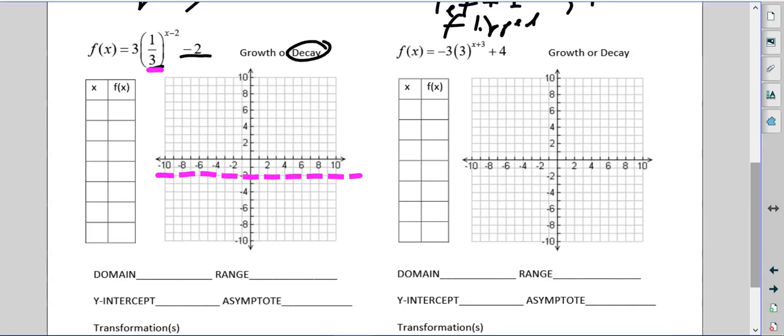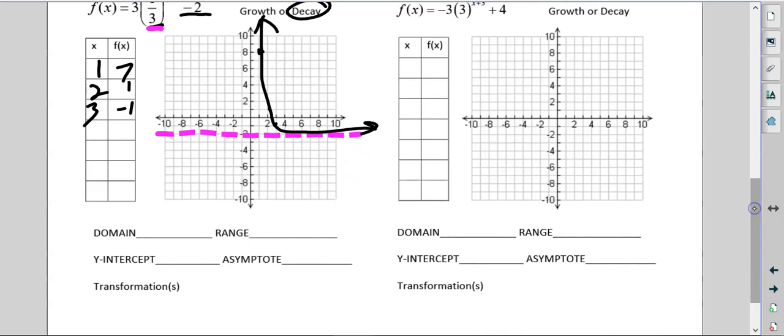Okay, so we have (1, 7), (2, 1), (3, -1). That's about where we're going to go. (1, 7) right here, (2, 1), and (3, -1), and that gives us our shape right there. It's going to come down and just ride out that fence.